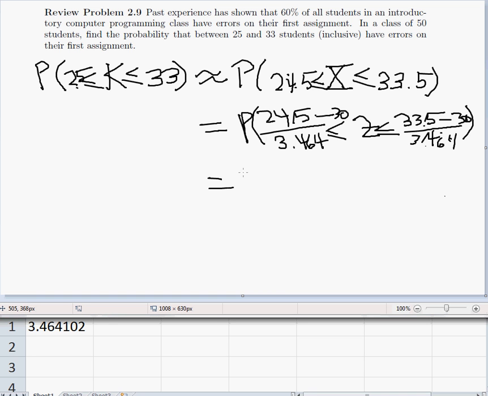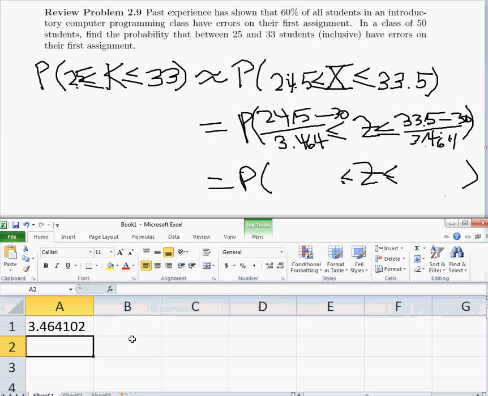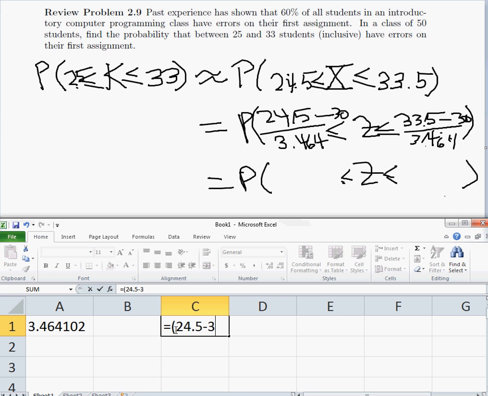So this equals the probability that z is between, and I'll do this calculation in Excel at the bottom. Right here we have 24.5 minus 30 divided by 3.464, and at the other side we have 33.5 minus 30 divided by the standard deviation.